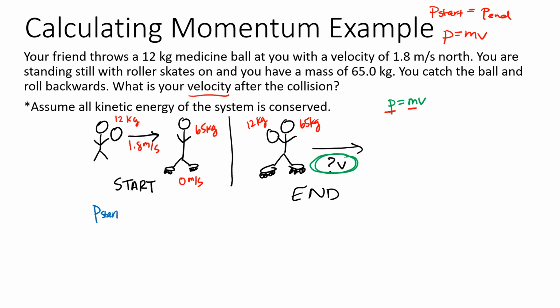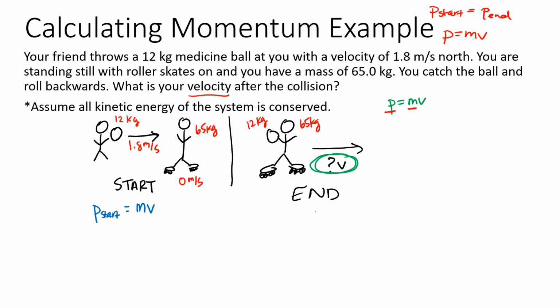So the momentum at the start equals your mass times velocity, okay? You have two masses and two velocities here. So we have the mass and the velocity of the ball, and we have the mass and the velocity of you. Now, your velocity is 0, so anything times 0 is going to be 0. So we can erase this part.